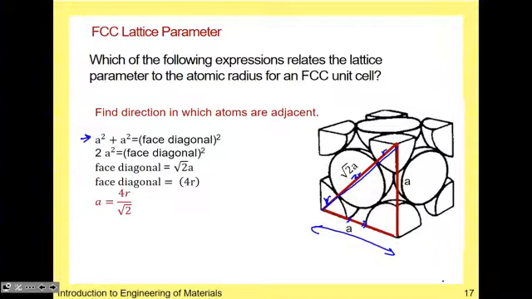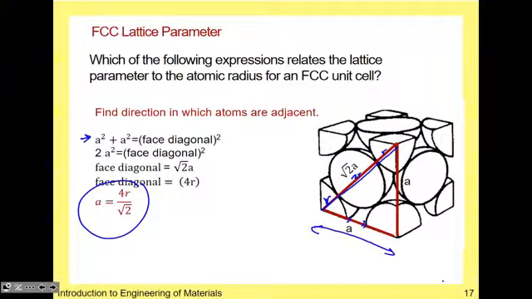That's 2a squared equals the face diagonal squared, and so the face diagonal is square root of 2 times a. But the face diagonal is also 4 atomic radii in length. So if square root of 2 times a equals 4r, you get a equals 4r over root 2.